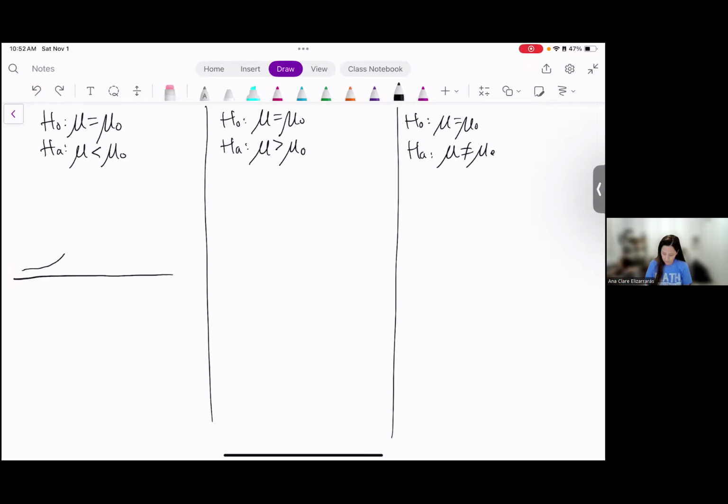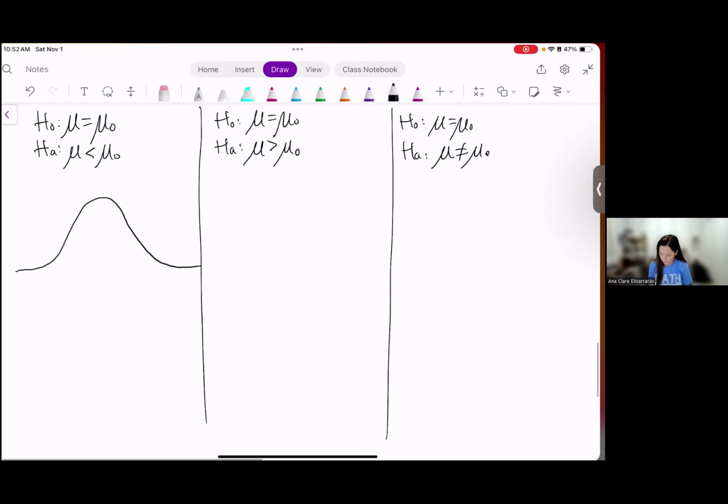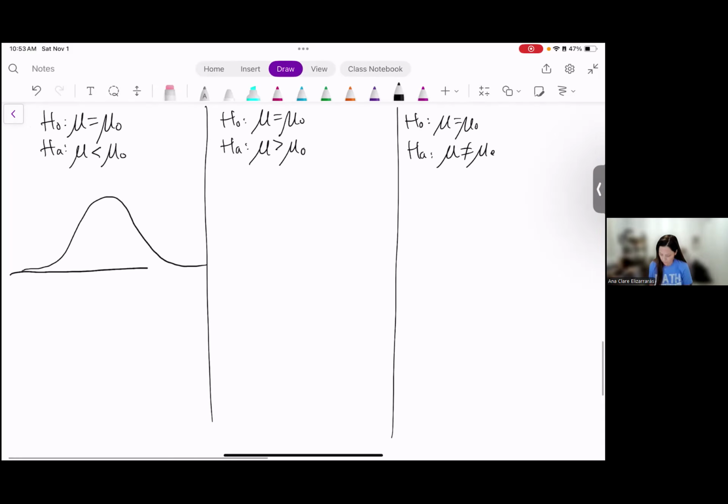Let me get my curve good. I'm going to bring my line up. We assume this hypothesized value, and then we calculate a test statistic based on that. And then we calculate the probability of obtaining that test statistic and see how likely it is.